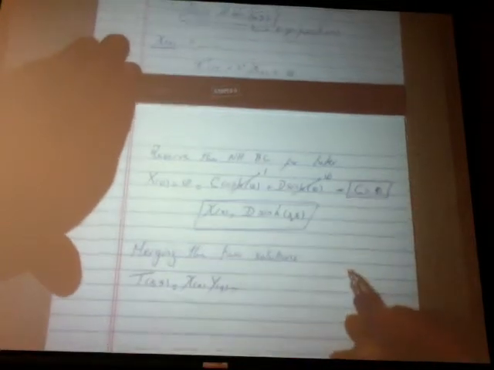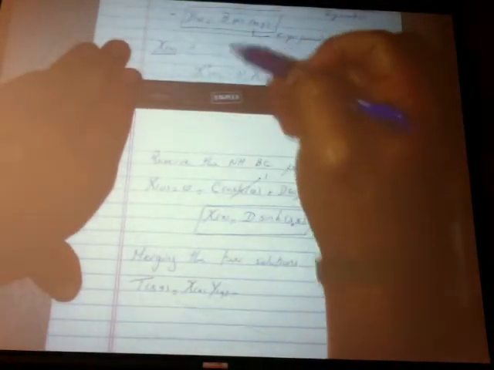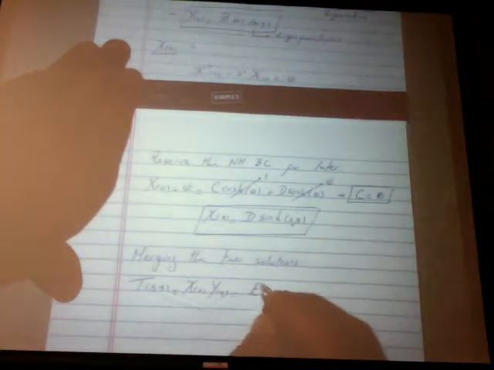Then you multiply this one times this one, and when you multiply constant b times constant d, we can just call that constant e. That will be the sine hyperbolic of lambda n x times the sine of lambda n y, such that lambda n is equal to n pi over L, and n are all the integers from 0 to infinity. That makes it possible.